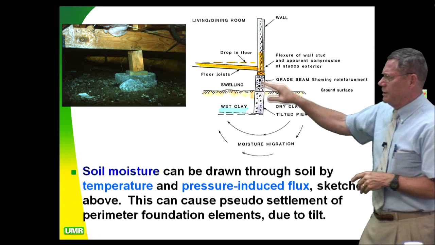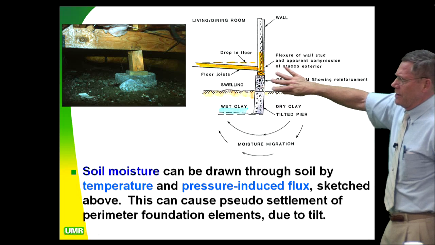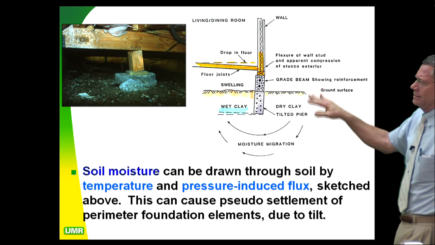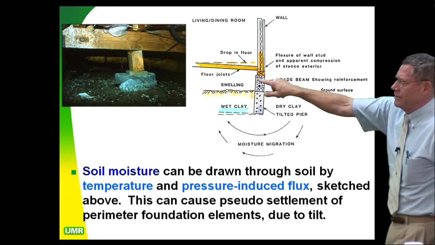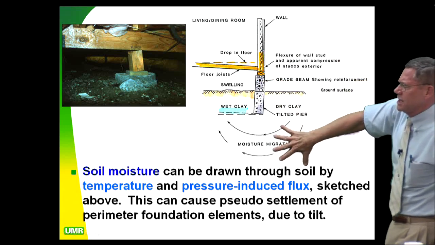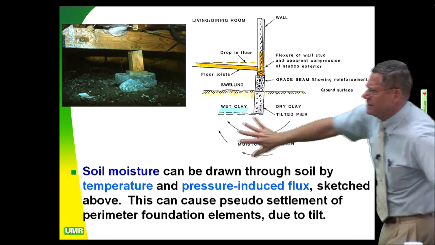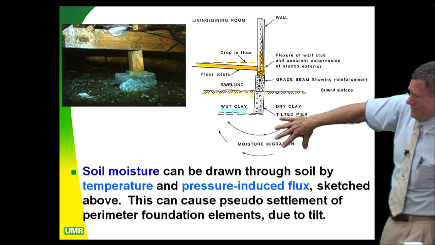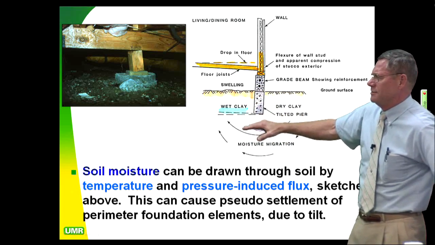What's going on? Well, if you look at a cross-section in this area, they had a very, very wet area out here, and then they let it go dry and desiccate. And they had these little stub piers that are only about 30 inches deep, connected to a grade beam. And so as this dries out, there's actually a moisture suction effect going like this underneath, because this is all dry, so it's pulling the water out of there through suction and causing an over-consolidated clay condition, and so the ground started sinking.